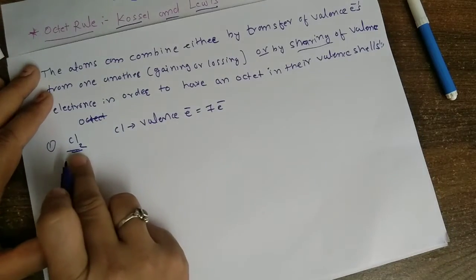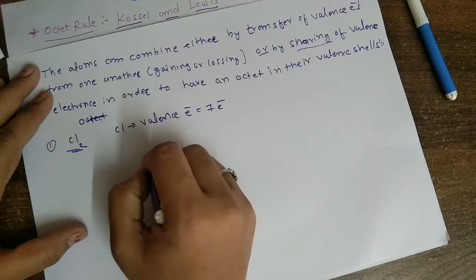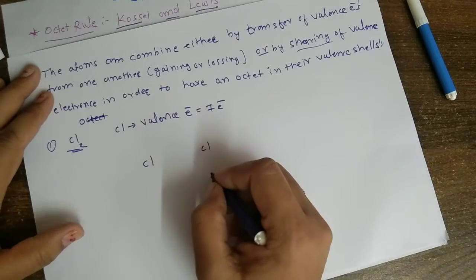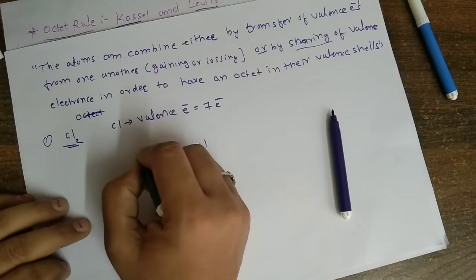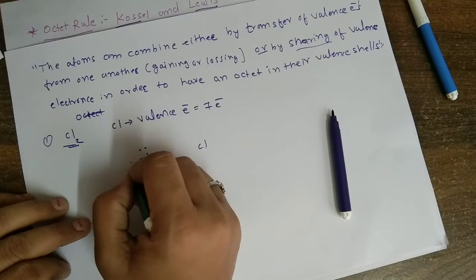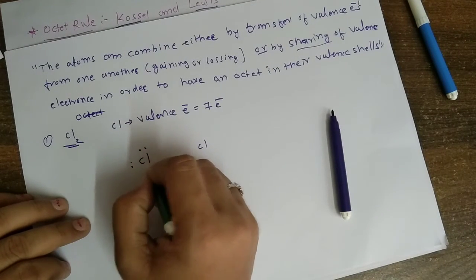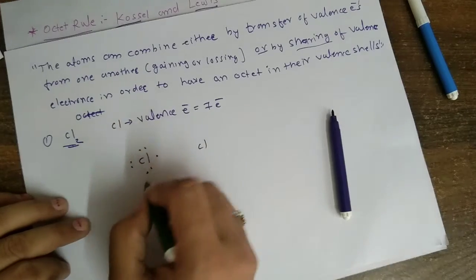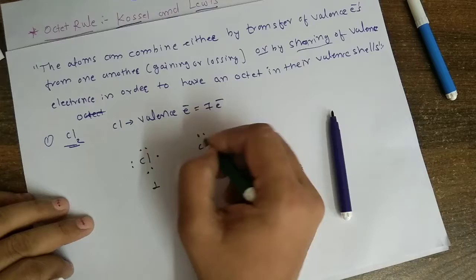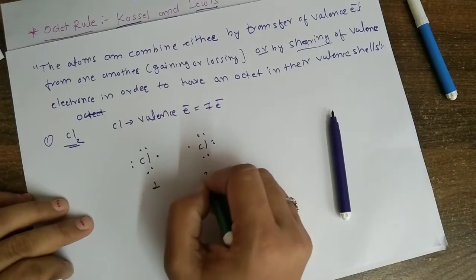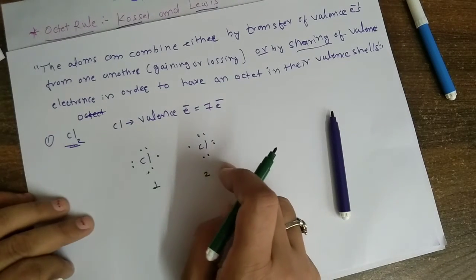So the Cl2 molecule we can write here: 1 2 3 4 5 6 और ये है 7. The 7 electrons of this first chlorine and the 7 electrons of the second chlorine.